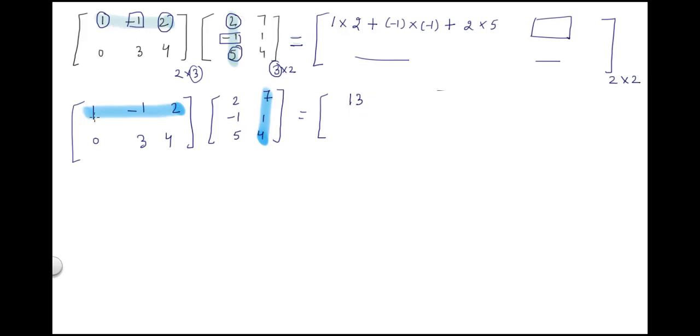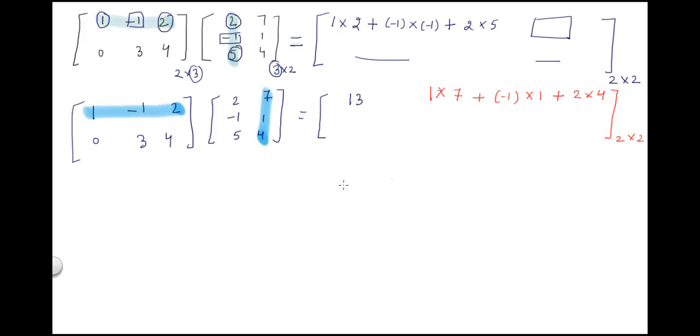So we are going to multiply 1 with 7. We'll write 1 cross 7 plus. After multiplying, always we are going to put a plus sign. Then -1 multiplied with 1 plus 2 multiplied with 4. So this way we are going to get our element number 2, which is A12.